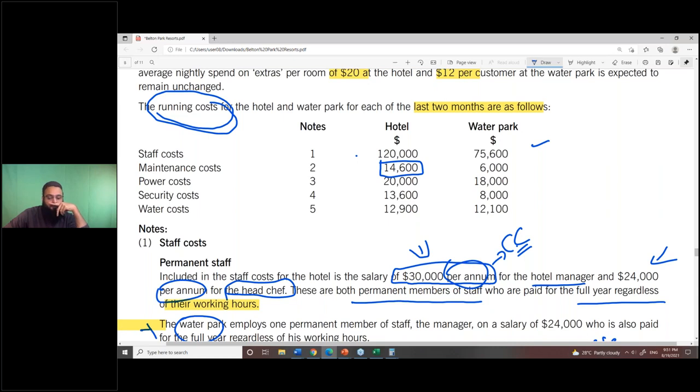The difference of these two is what I will consider as incremental if I continue opening the park. The additional. So that's what I need here.